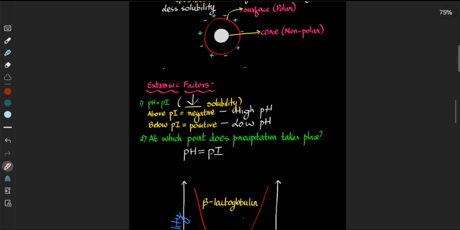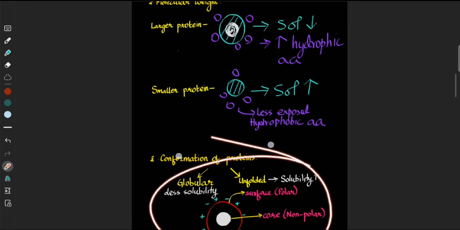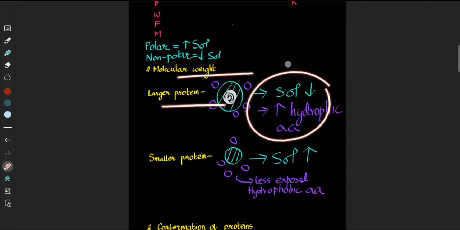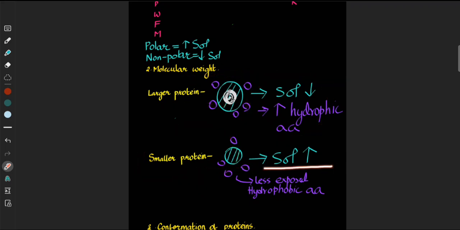And as we know, the conformation of protein, we talk about the intrinsic factor, that is the conformation of protein, the globular and the unfolded one, right? The exposure of the amino acid plays a very important role in this one. And then we have the molecular weight. A larger protein does not get dissolved easily, a smaller protein gets dissolved very easily, therefore solubility is high.